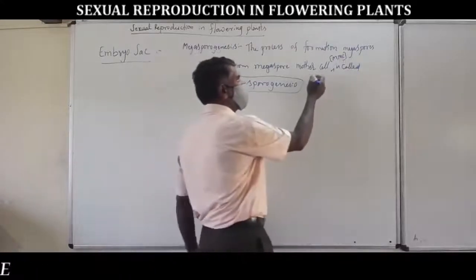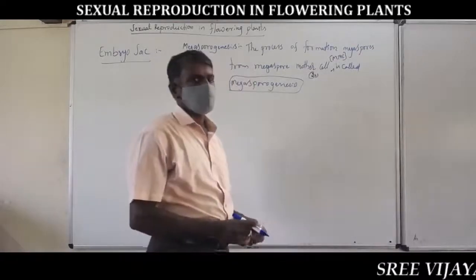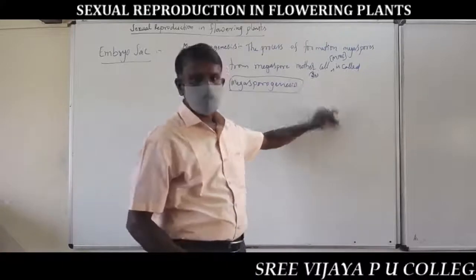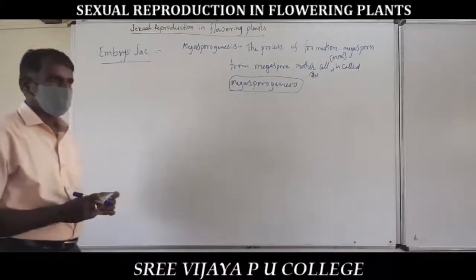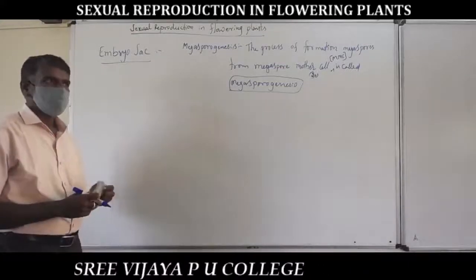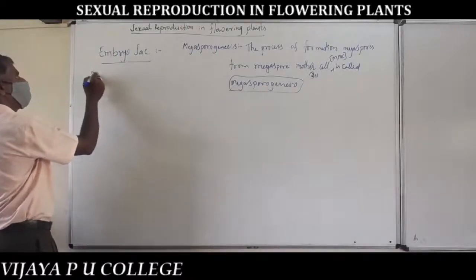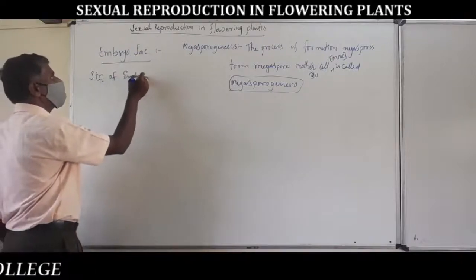The megaspore mother cell is always in the diploid condition, but the spores formed are haploid. So here the megaspore and the structure of the embryo sac.